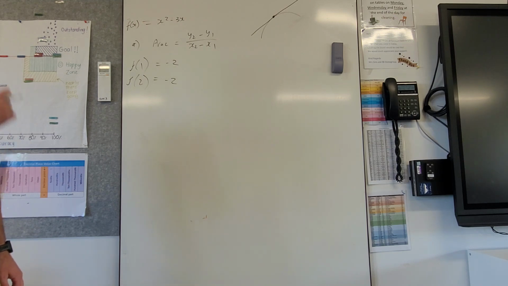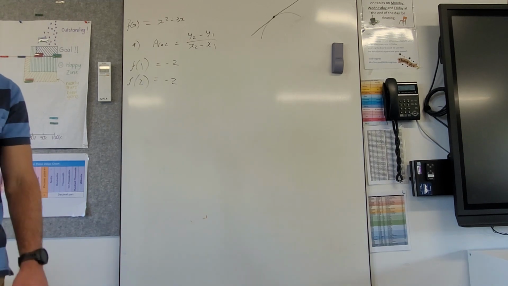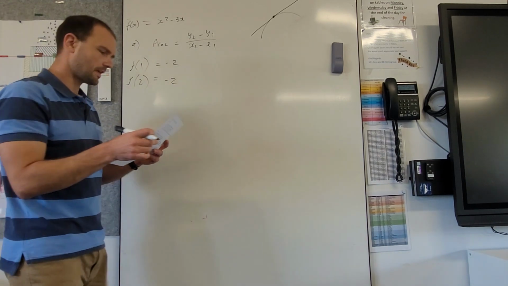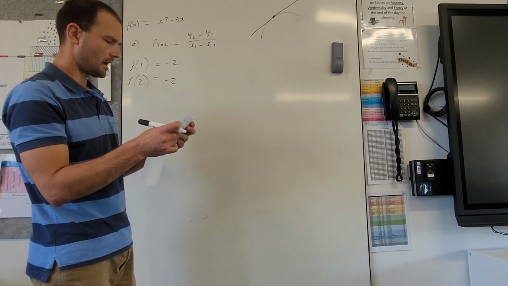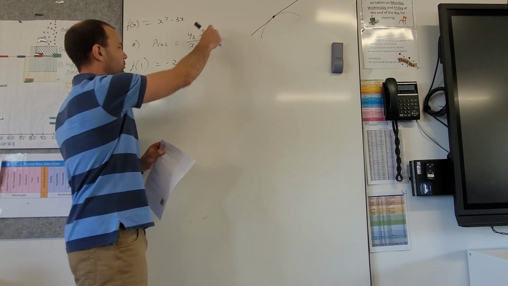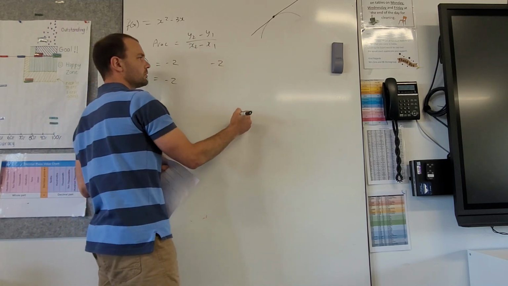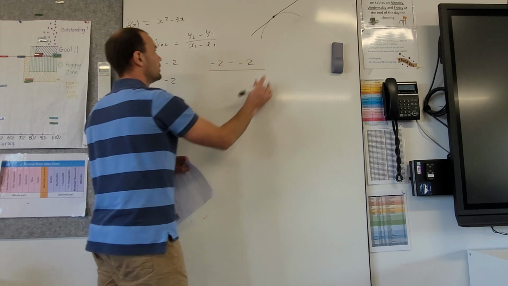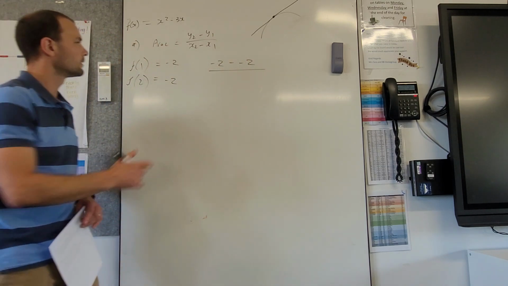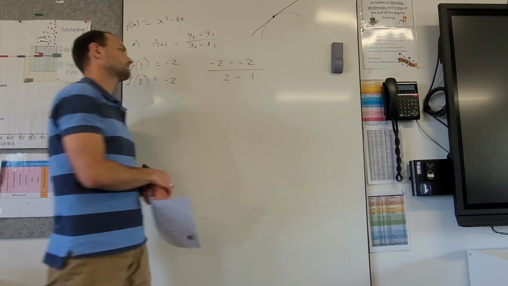Cool. That's all good. All right, and so then for the slope, the average rate of change, it is y2 take y1. So we're going to have minus 2, take away minus 2 on top of 2 take 1.